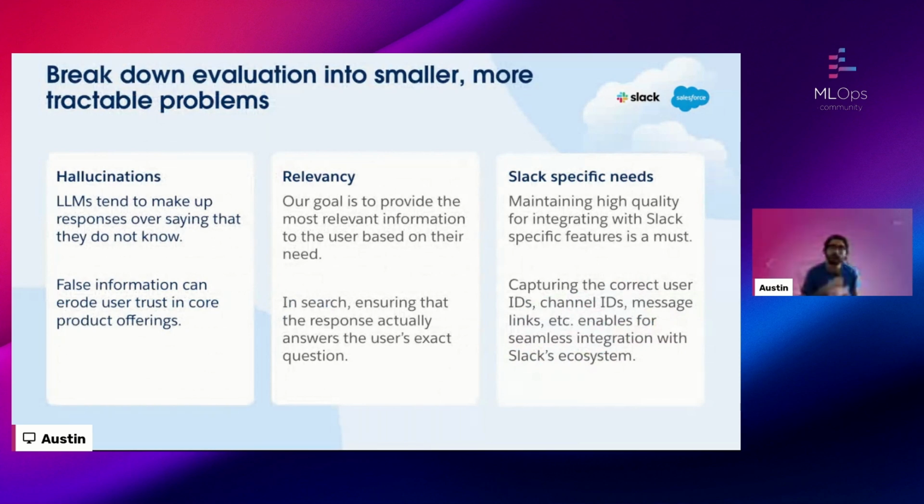We want our LLMs to be able to integrate with the rest of the Slack ecosystem. So ensuring that it's outputting the correctly formatted user IDs, channel IDs, or even message IDs allows us to integrate the outputs of these summaries or responses into the rest of Slack.